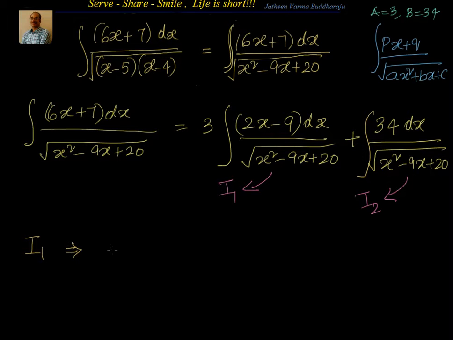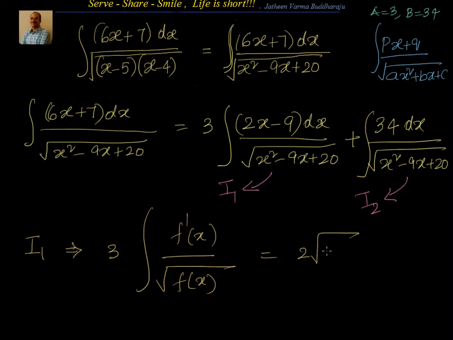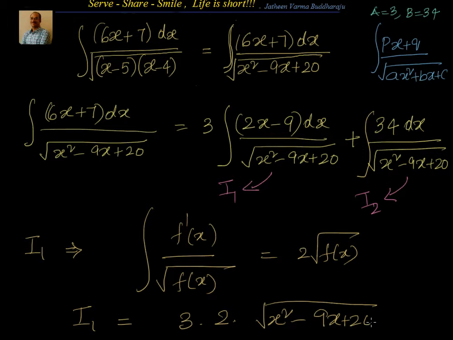When I go to I1, I will have 3 integral of f dash x divided by root fx. We know that the integral of f dash x by root of fx is 2 root fx. Therefore, I1 will be equal to 3 into 2 into root of fx. Root of fx is root of x square minus 9x plus 20.